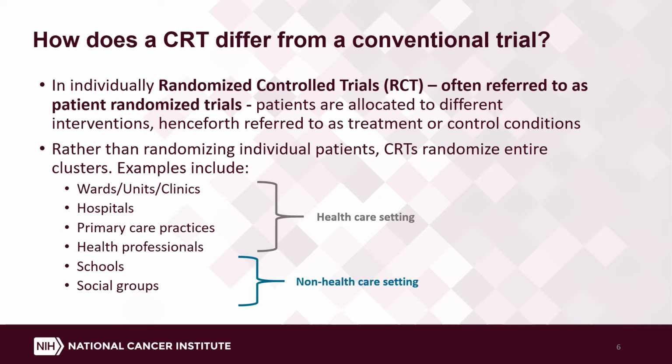So some examples of clusters include things such as wards or clinics, hospitals, primary care practices. Clusters like this are typically used in a healthcare setting, but also these designs are used in a non-healthcare setting, and in non-healthcare settings, typical clusters might be, for example, schools or social groups.